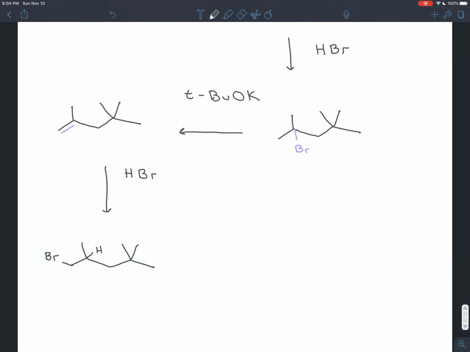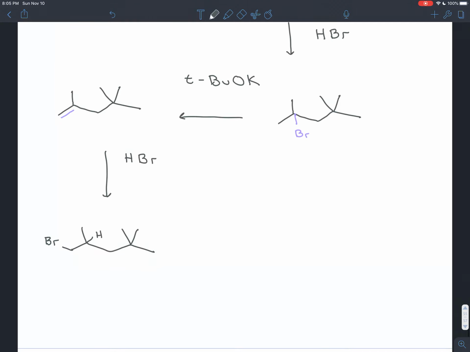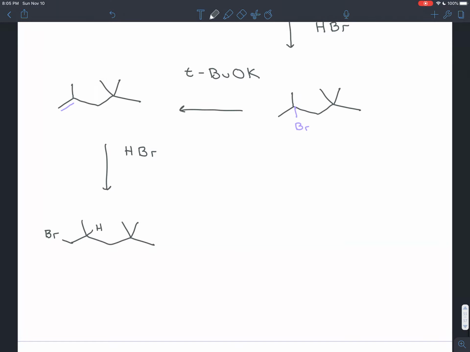But is it Markovnikov addition or anti-Markovnikov addition? Should we add a peroxide or not? Here, the hydrogen is on a carbon that's bonded to 1, 2, 3 other carbons, so that's tertiary. The other carbon that was in the double bond, this one here, was only bonded to one other carbon, and so that's primary.